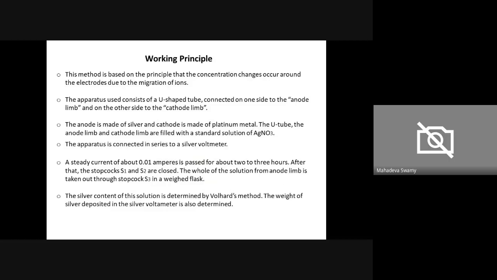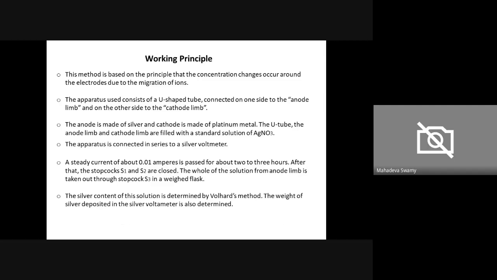So we weigh the silver content present. The weight of silver deposited in the silver voltmeter is also determined.